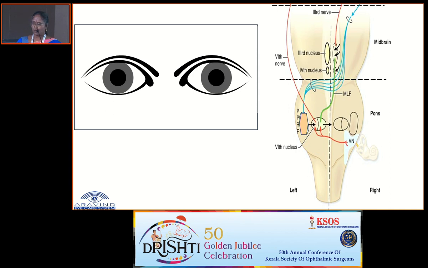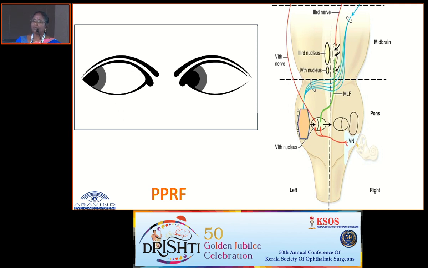In order to look horizontally, what makes you look to one side? Suppose I want to look to the right. What is the center? It's your parapontine reticular formation, the horizontal gaze center, which is in the pons. So this is the one center which coordinates your eyes to look to the right. To the right, it is the right PPRF.